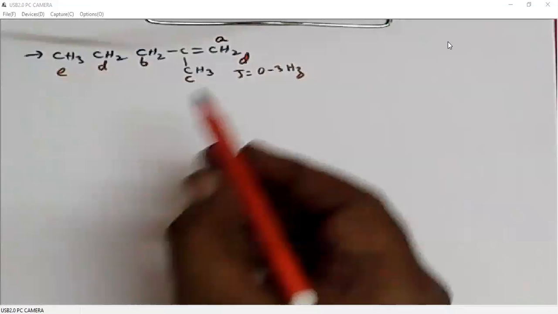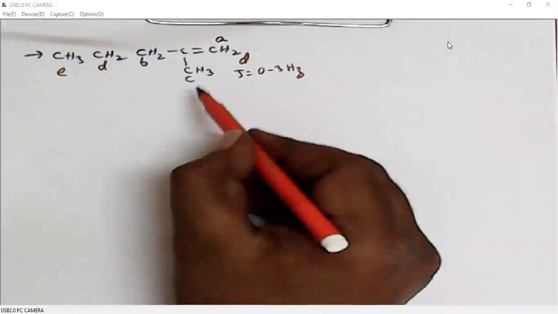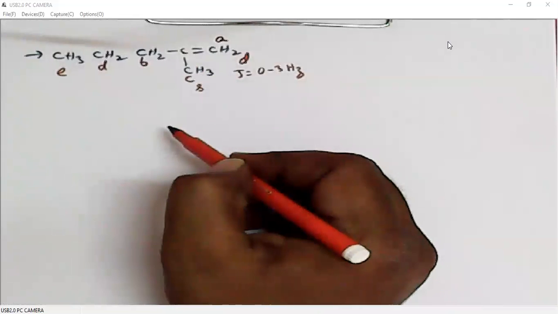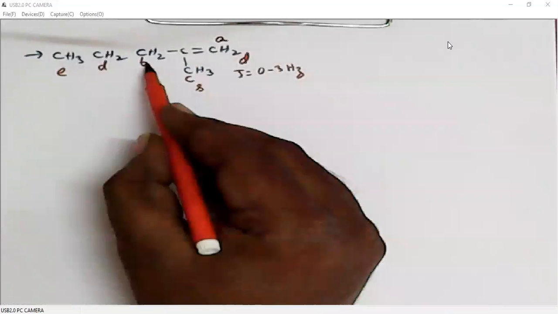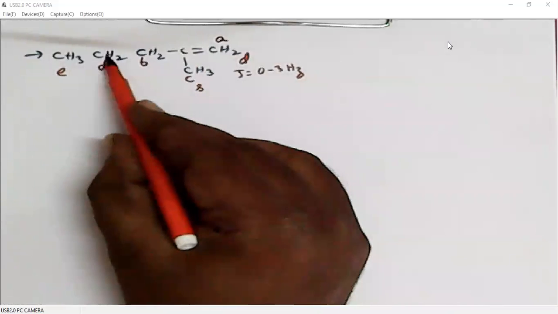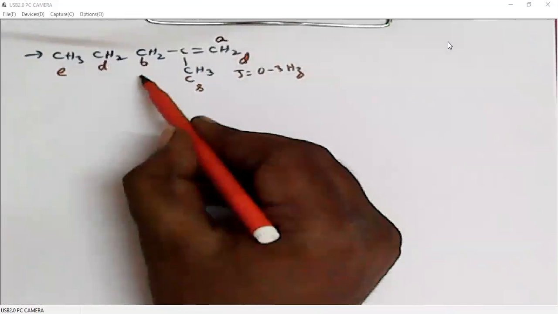Next, this carbon also doesn't have any alpha protons, so it gives a singlet. Whereas this carbon has two alpha protons, so it gives a triplet.